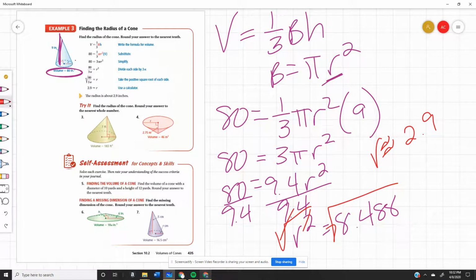What did I do wrong? Because mine gave me 9.15, which is what I got somewhere else for the answer. 80 divided by the square root of 80 divided by 3 pi. Let me try not putting it in parentheses. I wonder if my calculator doesn't understand this.